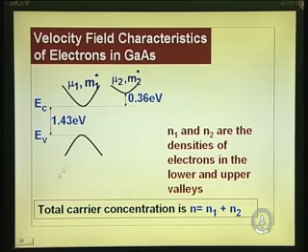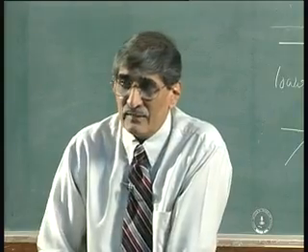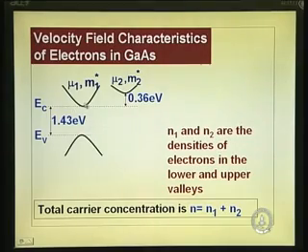Now, total carrier concentration. Electrons can remain here or here. Between these two locations that you provide for the electron, if you do not give extra energy by applied electric field, they will be occupying the lower valley or central valley. So, N is the total number of electrons and it is equal to the doping concentration, and all of them will be here at 0 electric field.